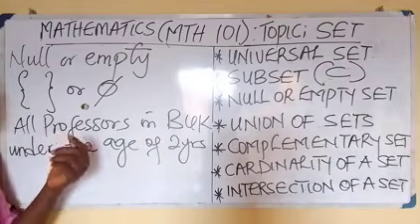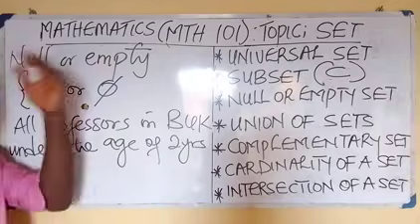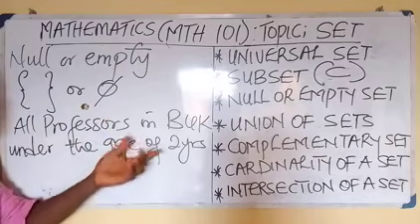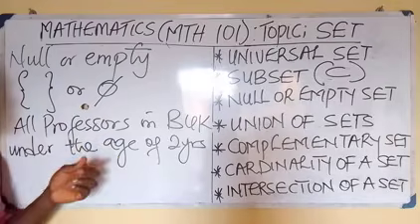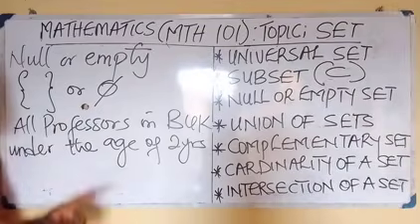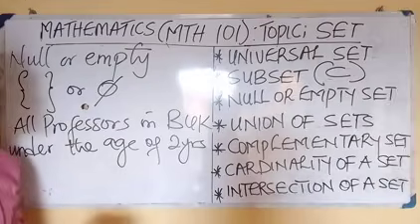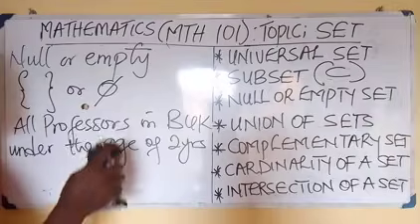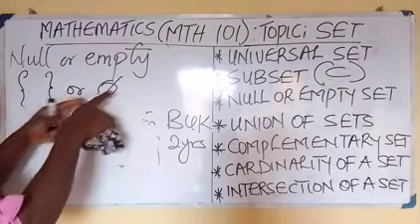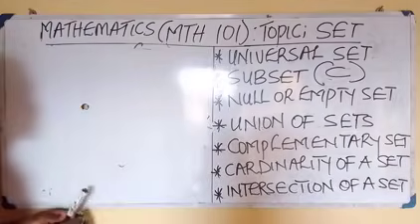You cannot have professors who are below 2 years old. You can only have them above 2 years old. Such a set is what? A null or empty set. Because you cannot have such professors in Uniben who are below 2 years. So please take note of that. A null or an empty set is a set that does not contain any member or any element. It is denoted using this curly sign or this. That is null or empty set.